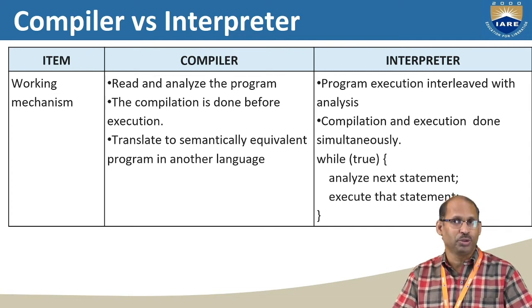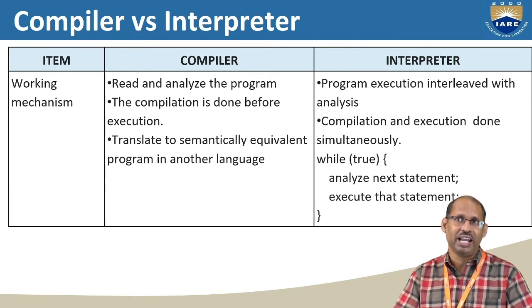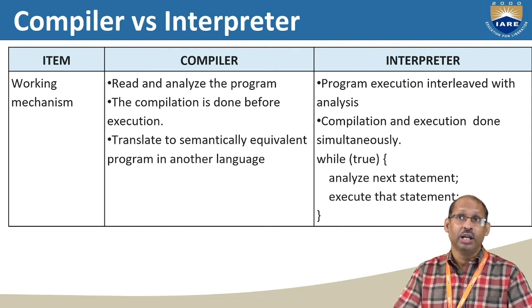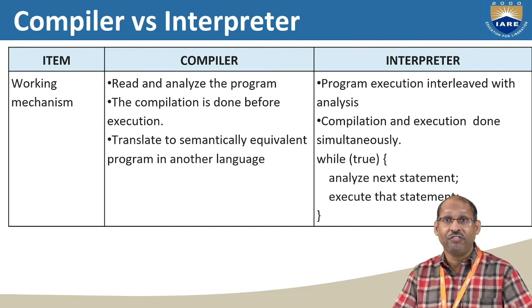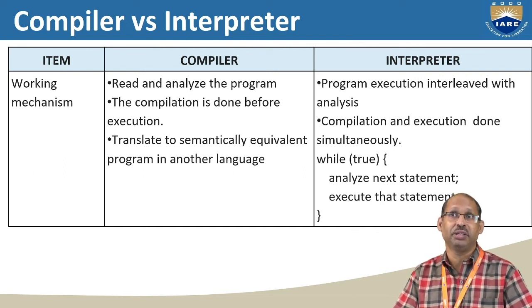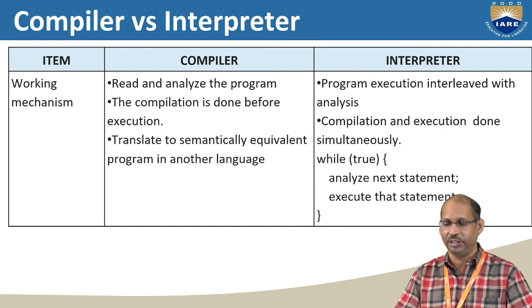So depending on the programming language and depending on the task, we have to select compilers or interpreters. Compiler execution will be faster. With interpreters, debugging, finding the errors, and fixing them will be easier, right? So that is the difference in the working mechanism between compilers and interpreters.